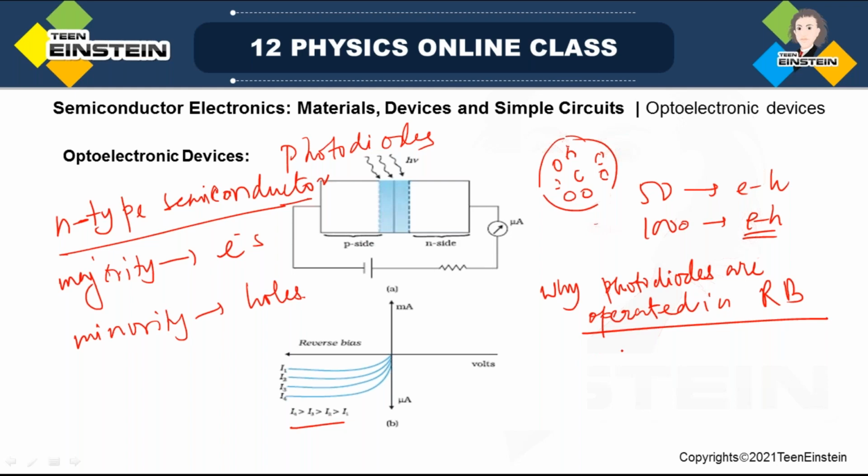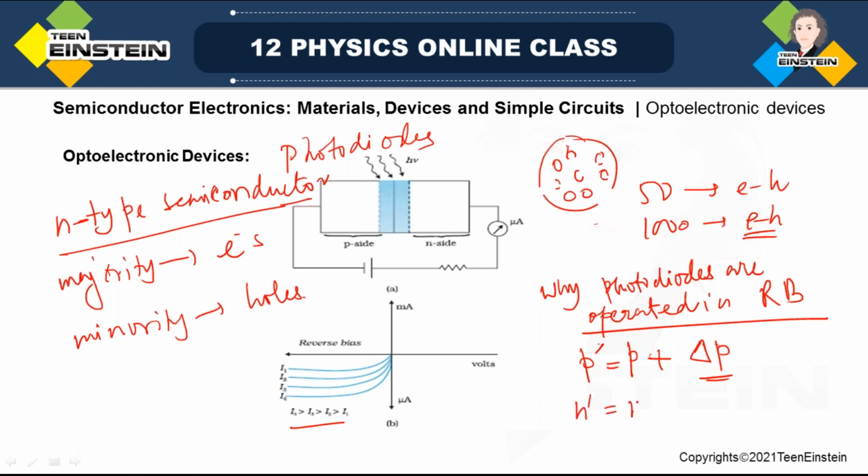That means if suppose earlier the concentration of the charge carriers was P, then after shining with light, the concentration P prime will increase, because electron and hole pairs will be generated.